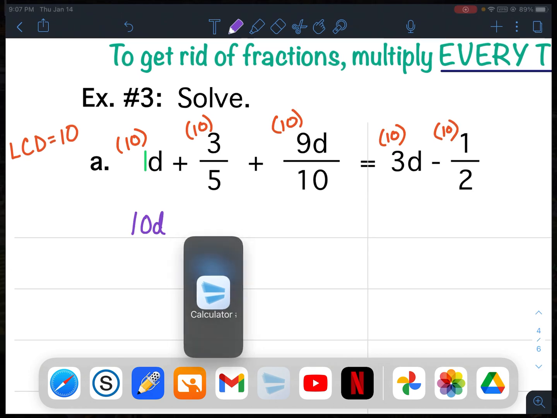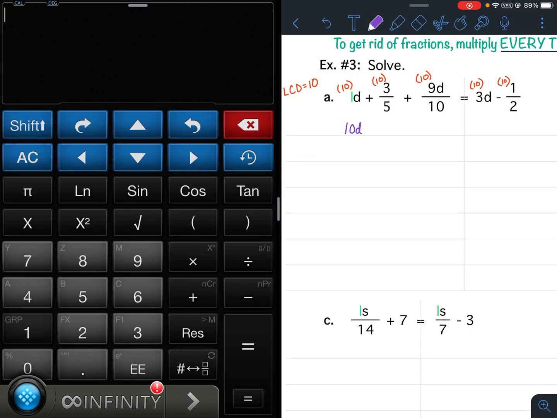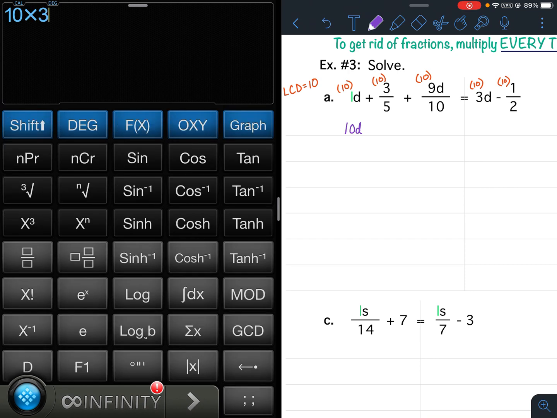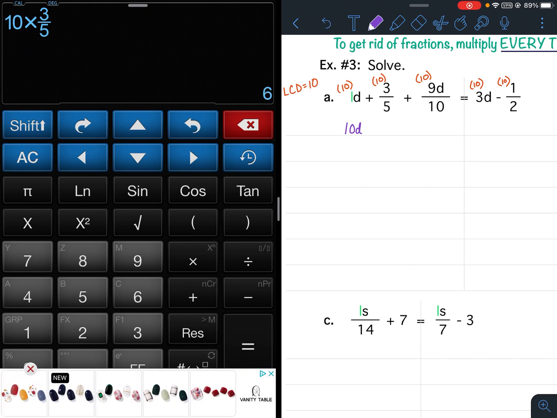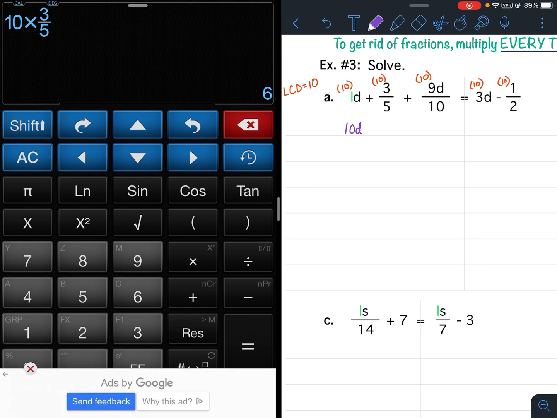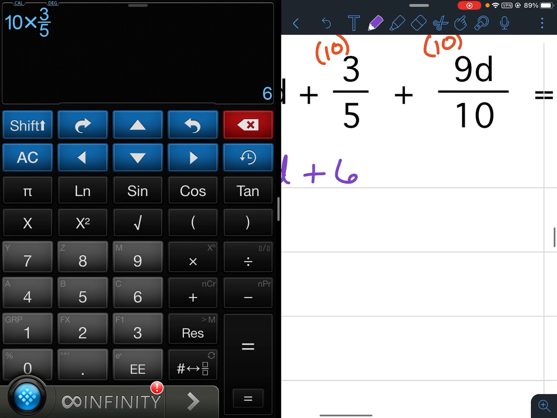So let's pull up our calculator. So I would take 10 times 3/5. 10 times 3/5 is 6. So I would have plus 6.